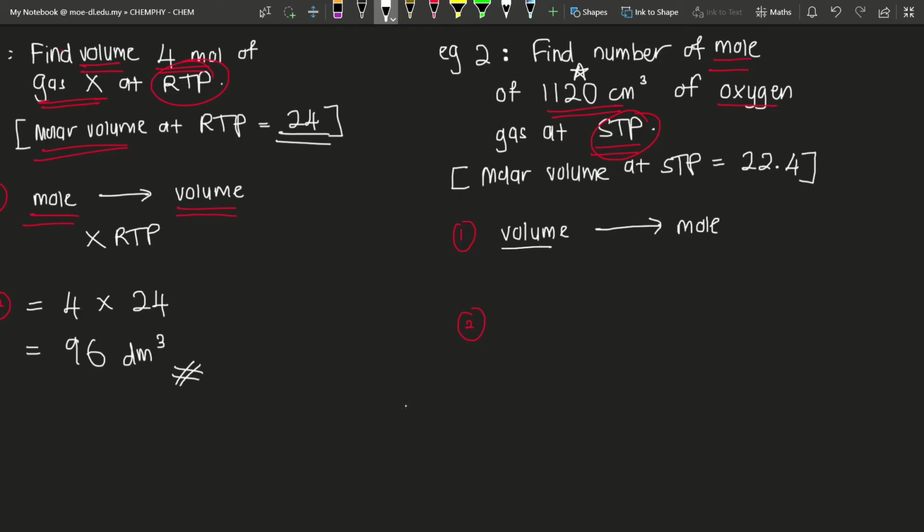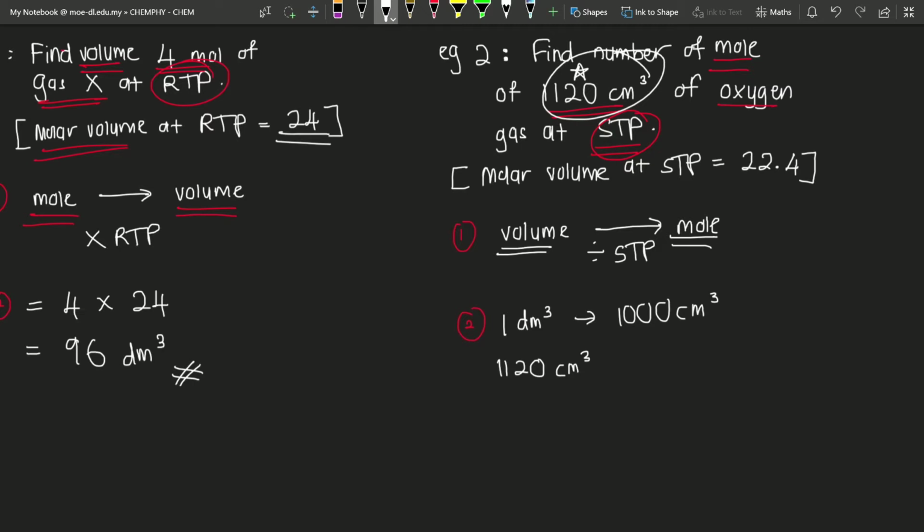So from volume to mole, from a sibling converted to mole, you will divide by our connection, which in this case is STP. But remember, your volume must be in dm cube, but you have cm cube. So you know 1 dm cube is equal to 1000 cm cube.